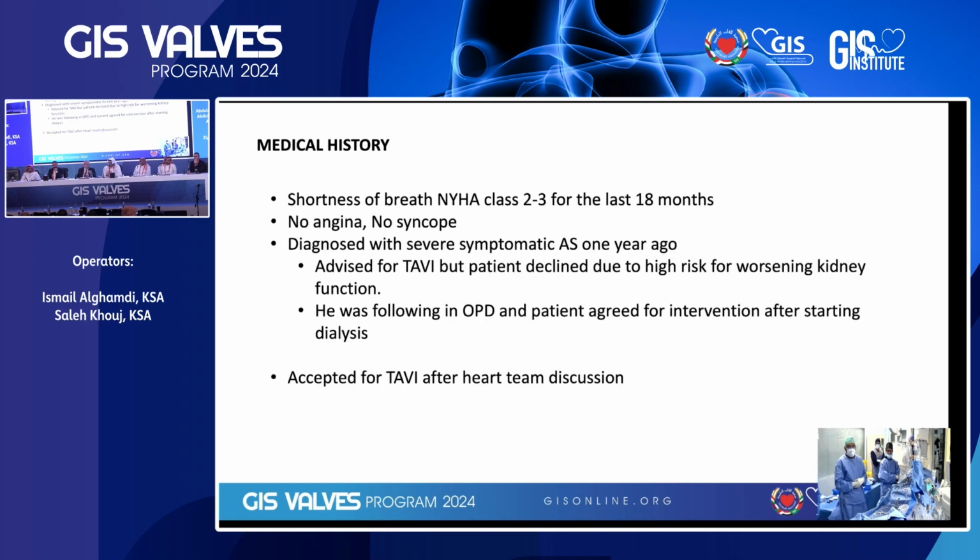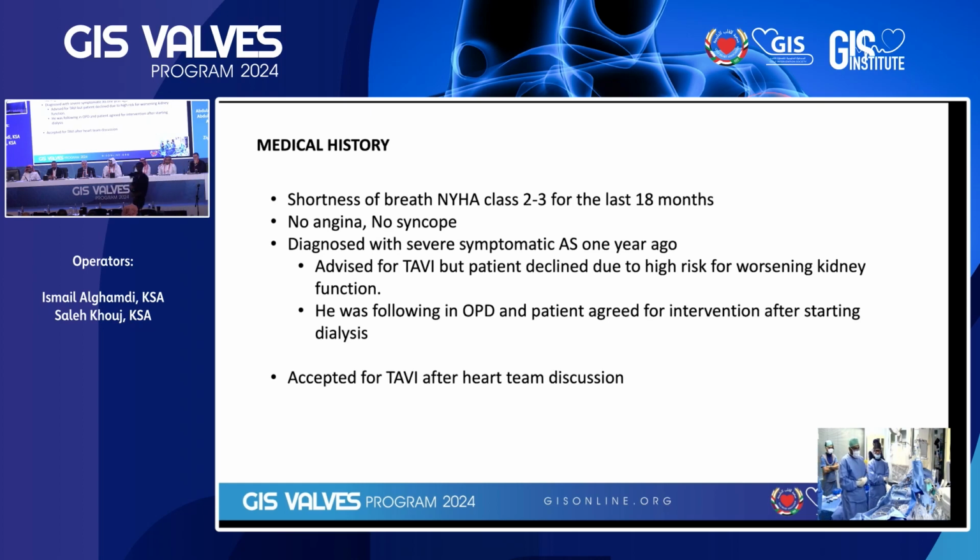He also has a history of shortness of breath, class 2 to 3, for the last 18 months. No angina, no syncope. He was diagnosed with severe symptomatic aortic stenosis 1 year ago and advised for TAVI, but the patient declined due to the high risk of worsening kidney function. He was following in our OPD, and the patient agreed to intervention after starting dialysis.